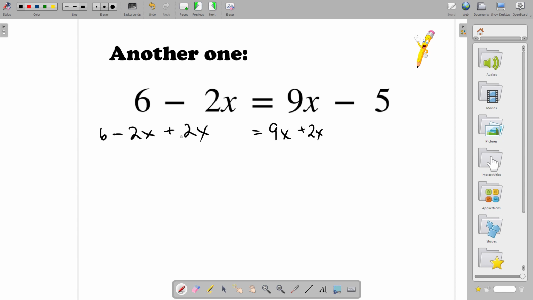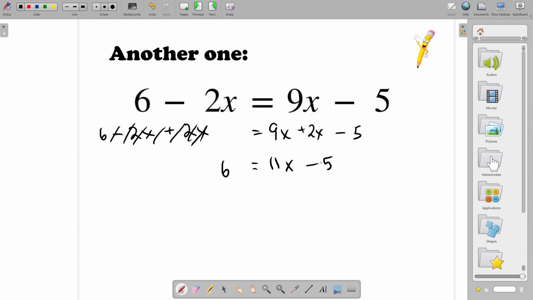So I added 2x here, so those will add out. I have to add 2x here. These add up to 0, which leaves me with 6 equals 9x plus 2x is 11x minus 5.